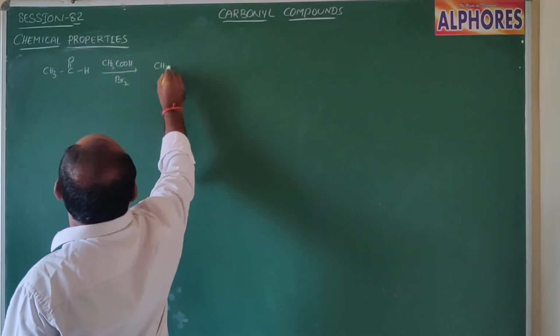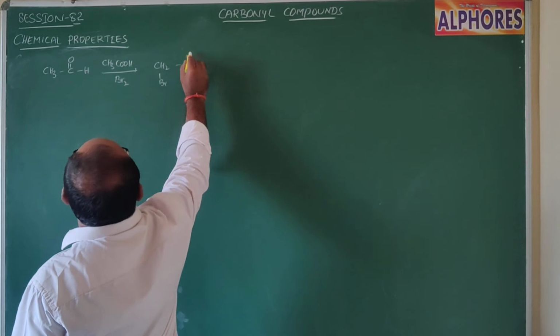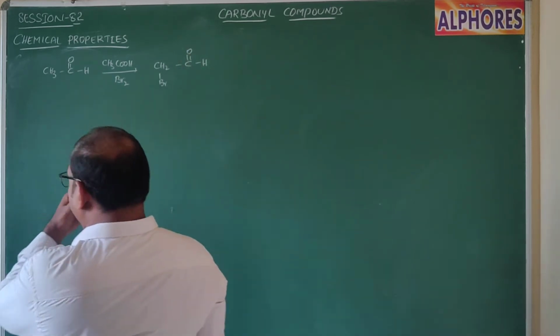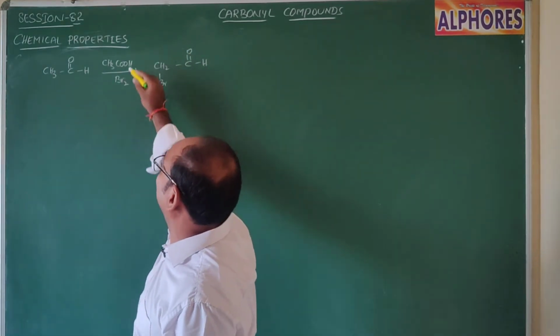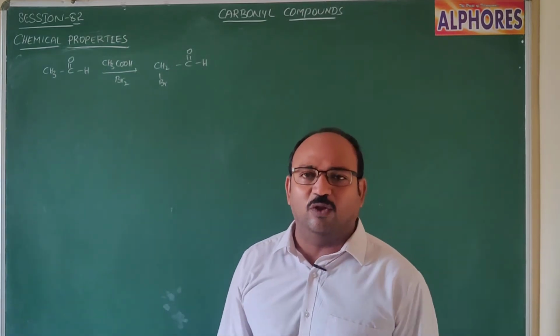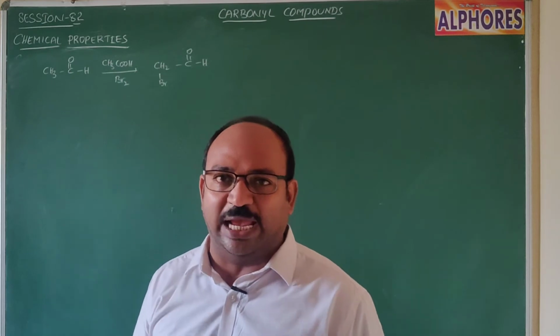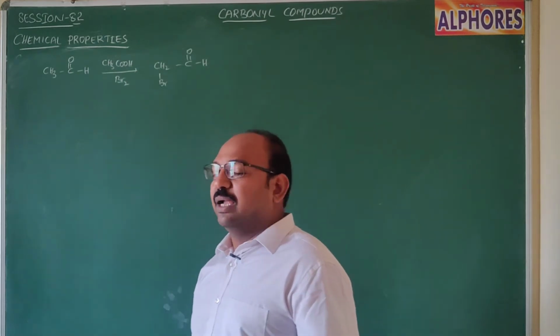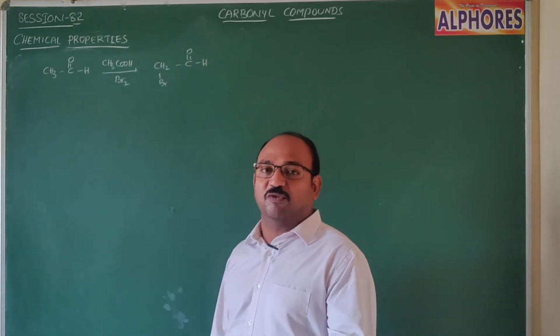Then the product will be CH2Br C double bond OH. Even in presence of acid, alpha halogenation takes place. How does alpha halogenation take place in presence of acid? Here, generally we are going to consider it in presence of base.